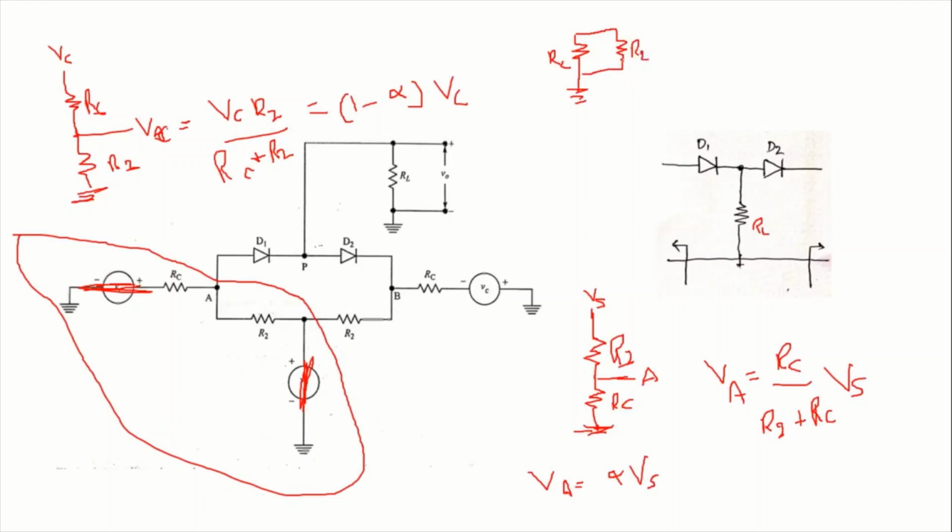So RTH equals RC parallel with R2. This is the Thevenin resistance. Since the two stages are identical at the output side as well as the input side, both sides have the same. Here the circuit is replaced with RTH, and here we have two voltage sources.